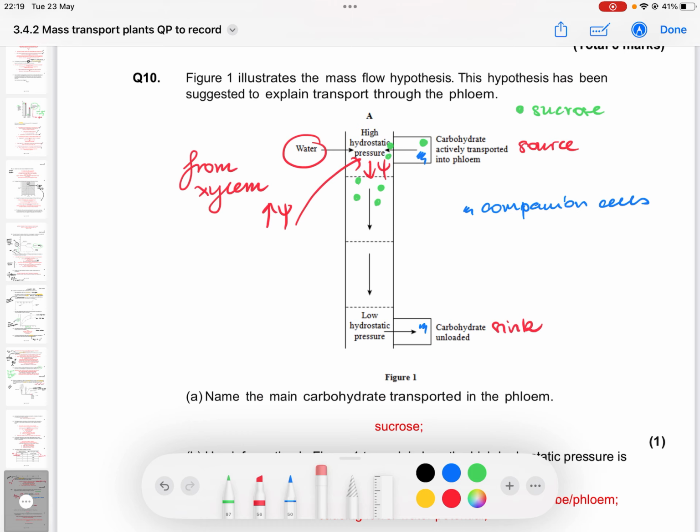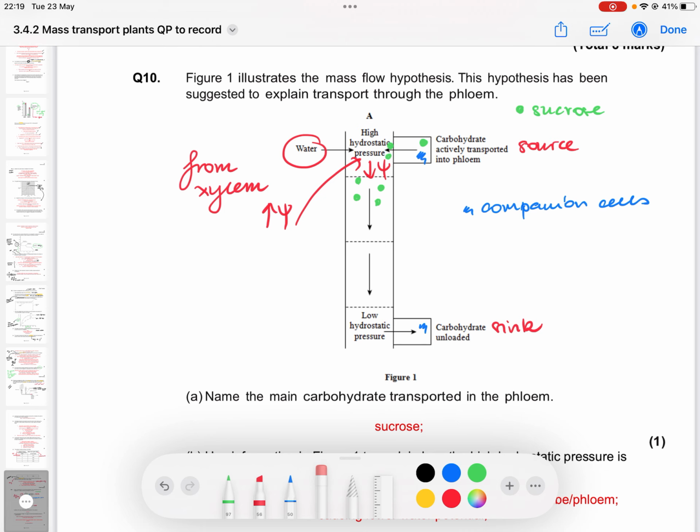Sucrose now lowers the water potential in the phloem, so we get water from the xylem as it has higher water potential, and the water moves into the phloem by osmosis. Any uptake of the water creates the tension, means increases the hydrostatic pressure, causes the mass flow, so it pushes the sucrose molecules to the sink, to the roots.